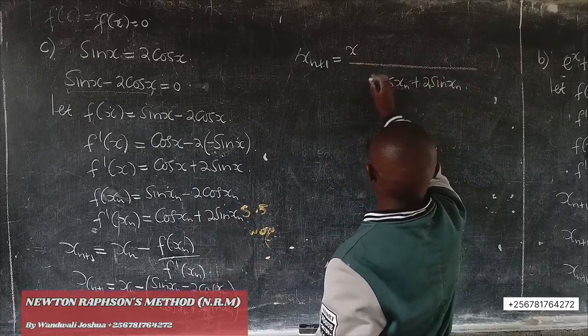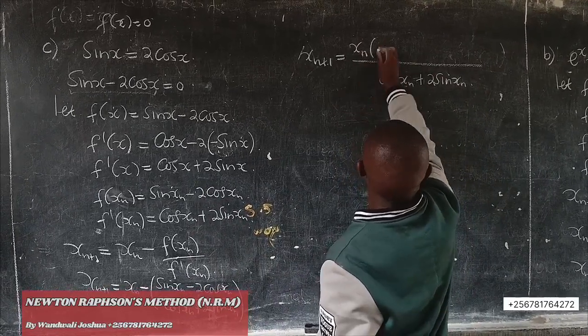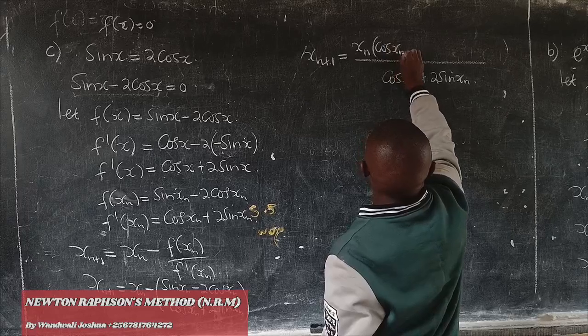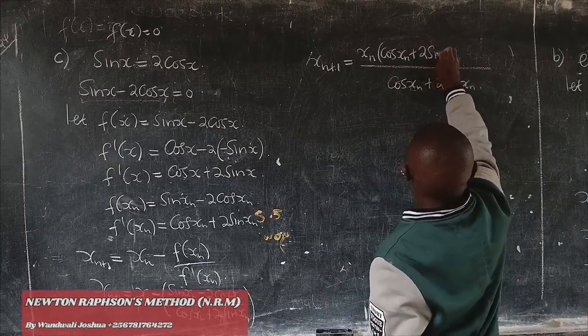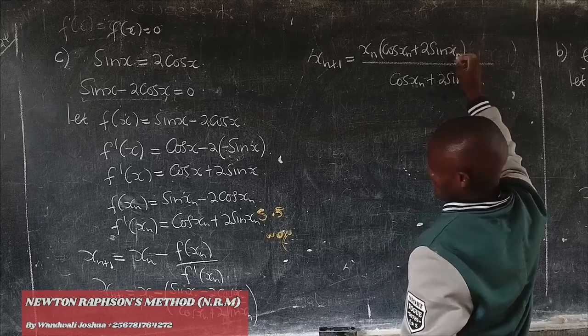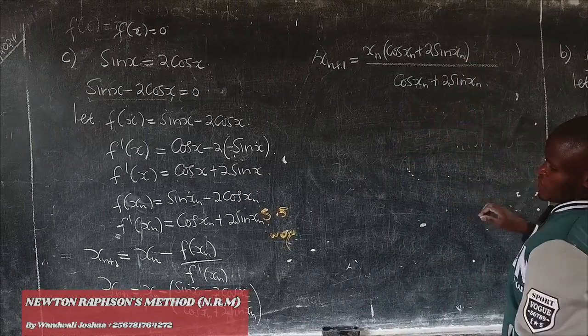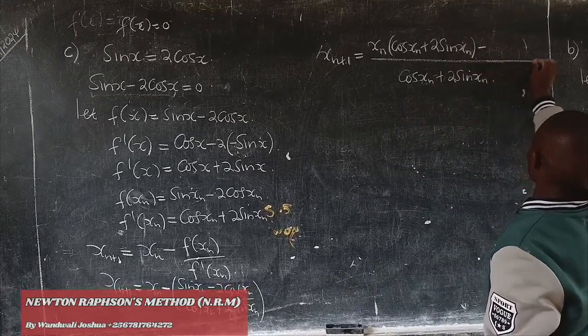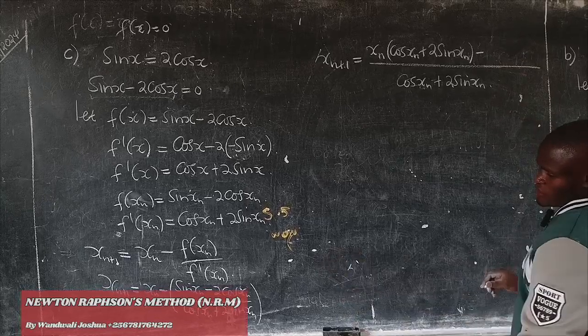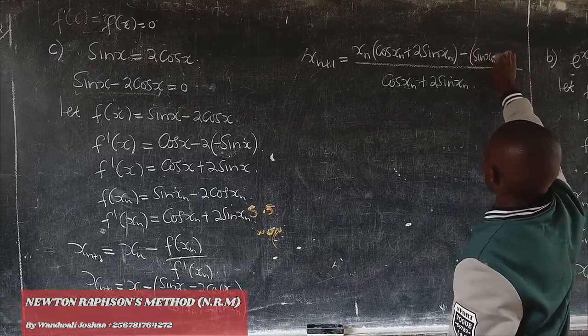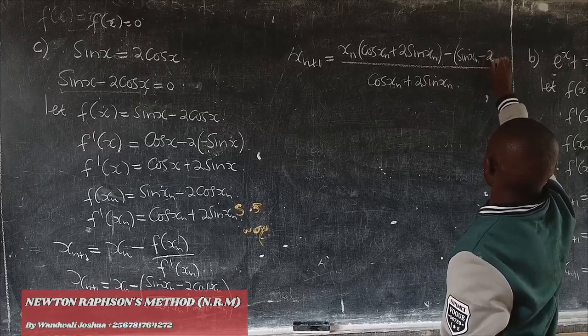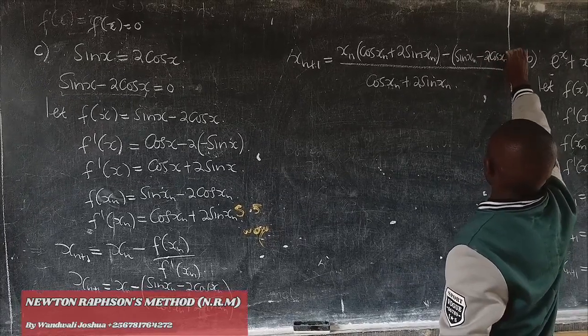So we multiply by the numerator, so we have xn into cos of xn plus 2 sine of xn. Then we subtract. When I get this and divide by that, we get a 1. So we are simply going to have sine of xn, and then we subtract 2 cos of xn.